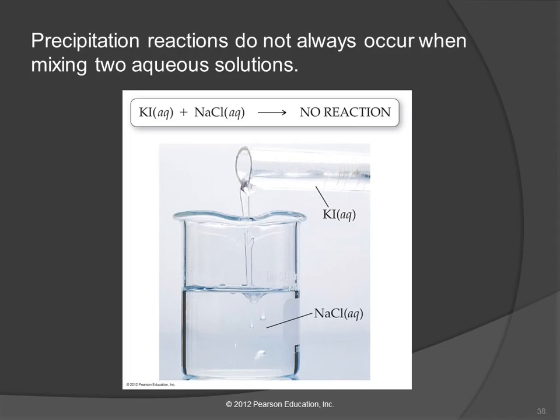And indeed, there is no chemical reaction. There is a physical change, though, in that they are now mixed. So mixing is a physical change, but there's no chemical reaction because no solid was formed. The potassium ions and the sodium ions and the chloride ions are all just in solution still. Nothing has really happened to them except now that they're mixed up.